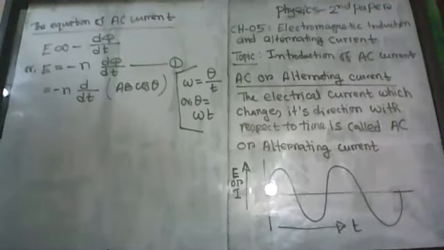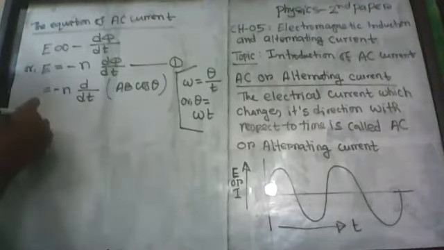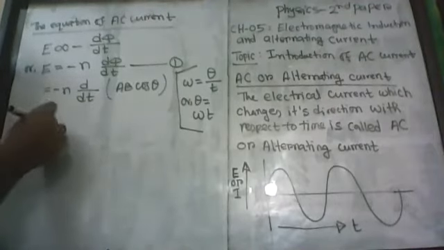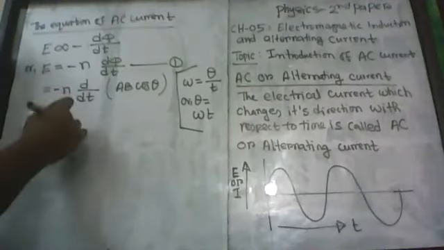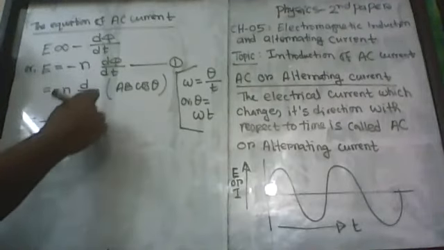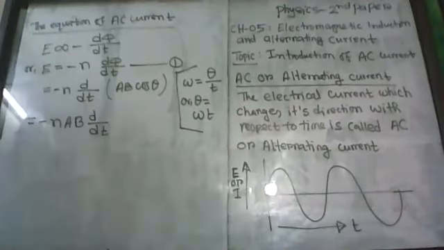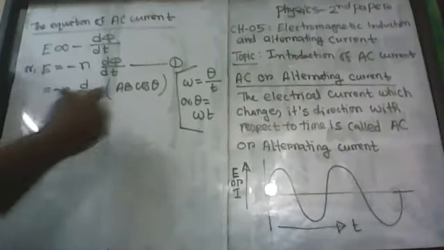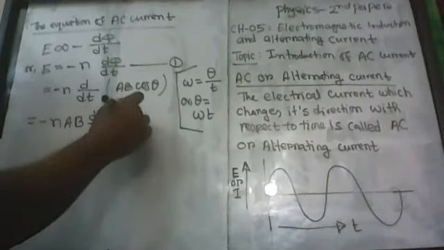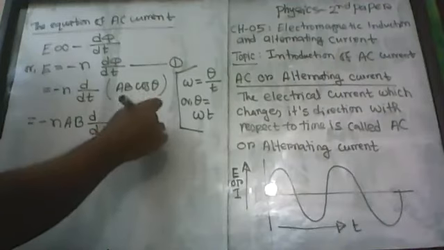Here minus n, a and b is the constant function, that's why d dt. In the place of theta, I can write omega t.